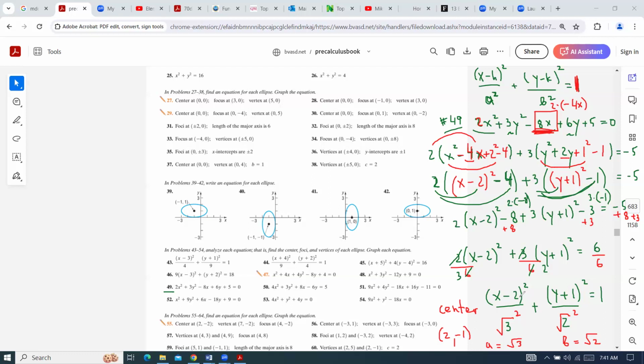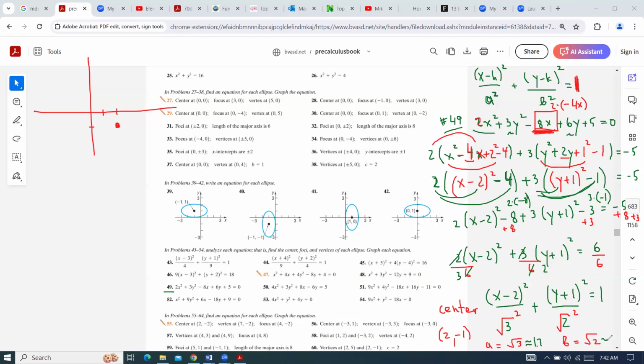So we'll always change signs inside these parentheses, and if you want, you can make a picture of this. Let me do that. So 2, -1, the point is here. And now I need to go left and right by square root 3, which is about 1.7. If you extract the square root, you can use a calculator.